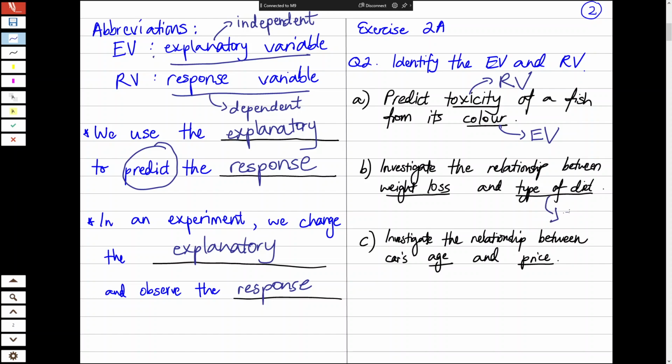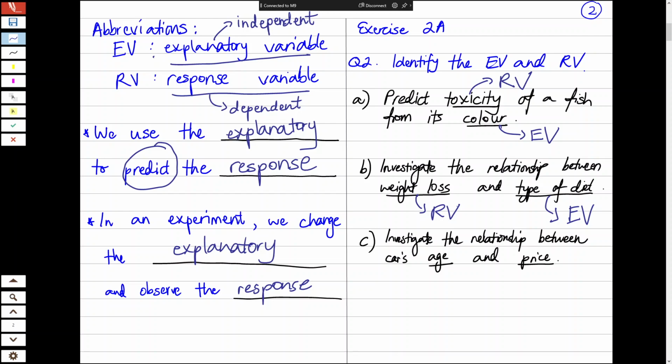Okay, I'm changing diets, and depending on the diet, I'm interested in observing whether the amount of weight I lose is going to change. So because I'm observing, you're really thinking of the response variable there. So usually you change the explanatory variable and you observe changes in the response variable.